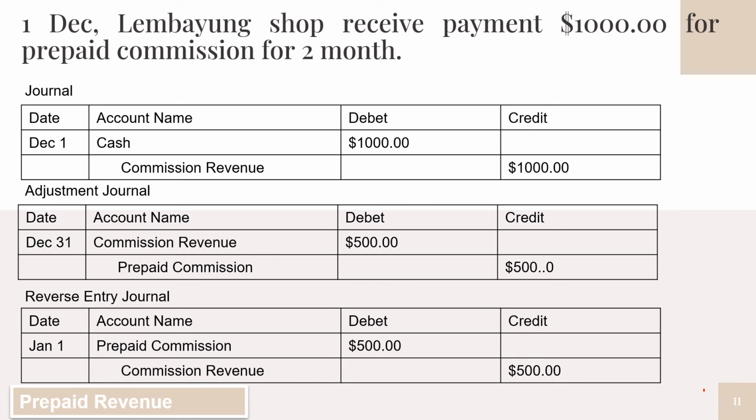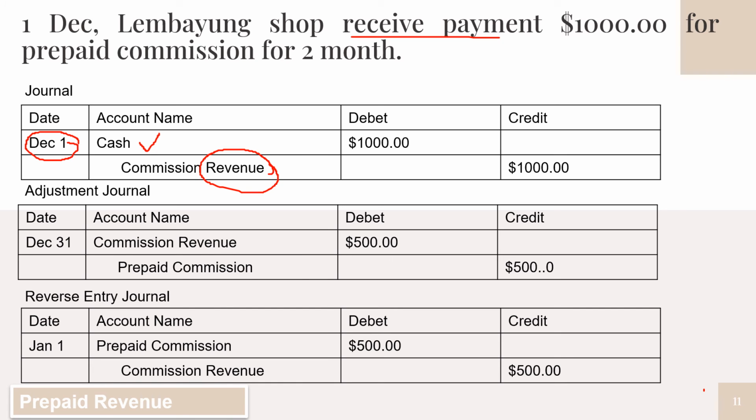Okay, for the last example, we learn about prepaid revenue. On 1st December, Lembayung Shop received payment of $1,000 for prepaid commission for 2 months. So we have to make a journal on 1st December: cash in the debit because we received payment of $1,000, and then commission revenue in credit. Prepaid revenue will be reversed when it is recorded as revenue, commission revenue. Then we have to do an adjustment journal in the last period.